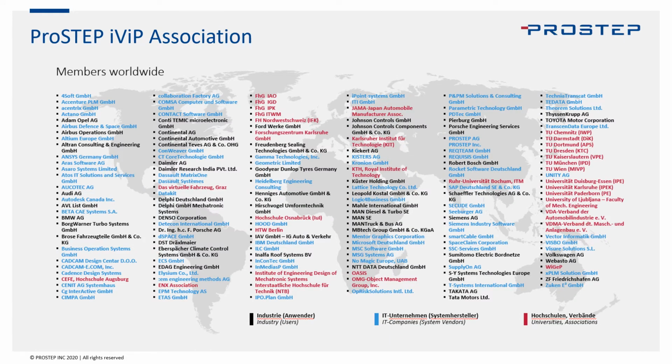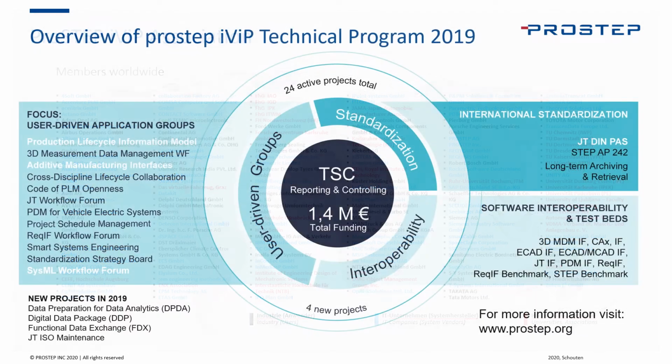The ProSTEP IVIP Association has a lot of different members across the world. That includes different universities, different industries, and corporations in automotive, aerospace, manufacturing, shipbuilding, as well as system vendors. So Siemens and Dassault and PTC and others as well, and brings them all together to try and have a real comprehensive view.